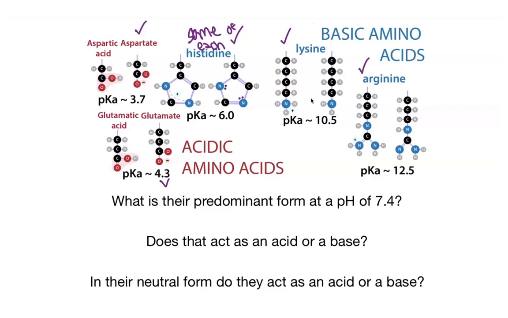And for the basic amino acids, in their neutral form, that's the deprotonated state. And so they're also going to act as a base in the deprotonated state, which is their neutral state. But in the case of our acidic amino acids, in their neutral state they're going to be protonated. So unlike the others, when these are protonated, they're neutral. And thus, when they're protonated, that's when they're going to act as an acid. And so we call these the acidic amino acids.